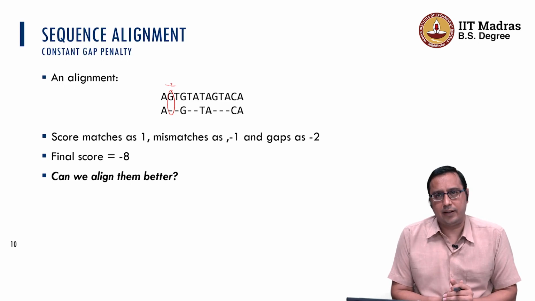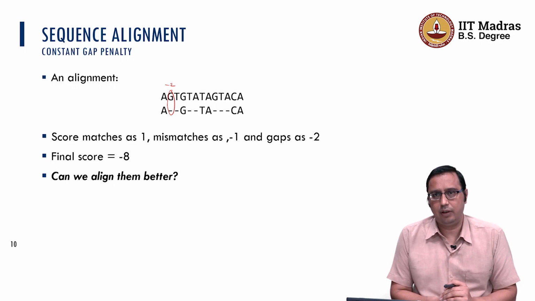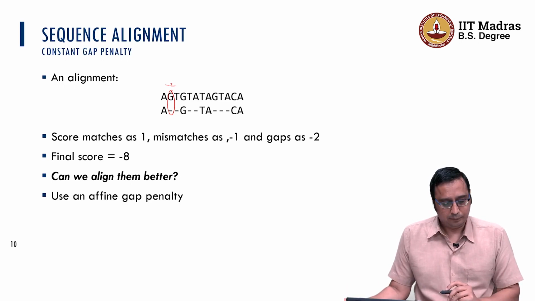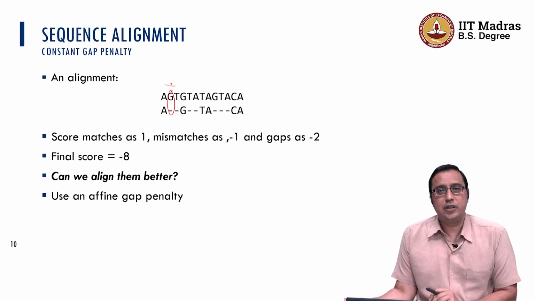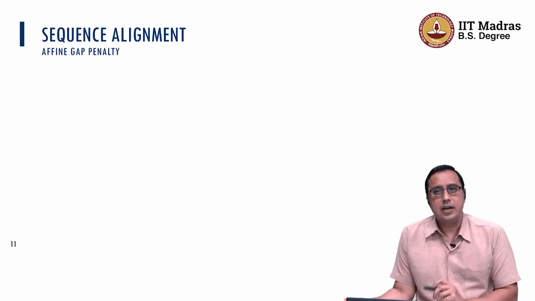Now the question we can ask is, can we align them better? This is one alignment, and with this score I got a final score of minus 8. Can I do better than this? Can I find a better alignment which actually improves this score? Let's use affine gap penalty to align these two sequences.